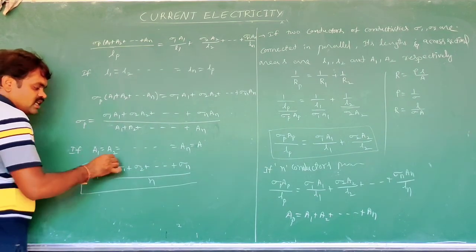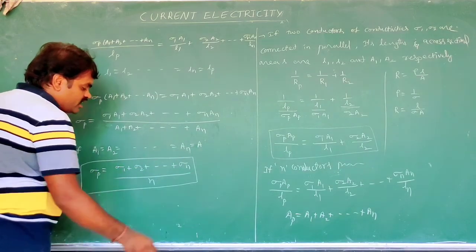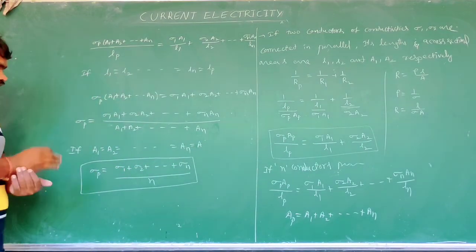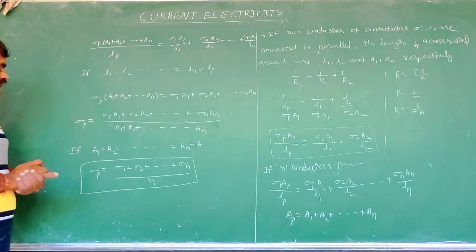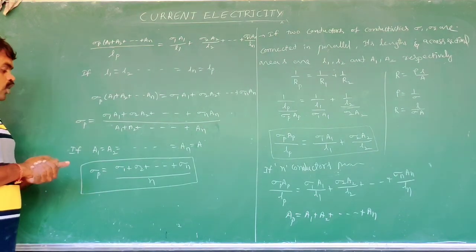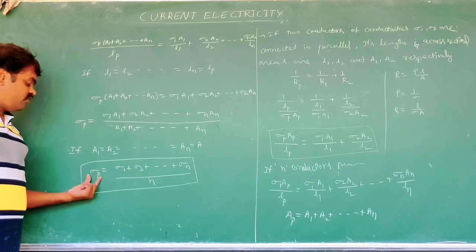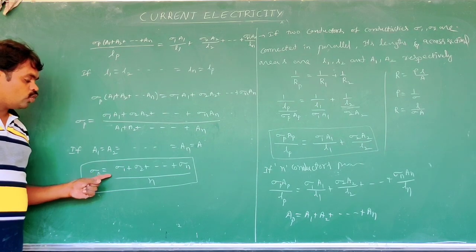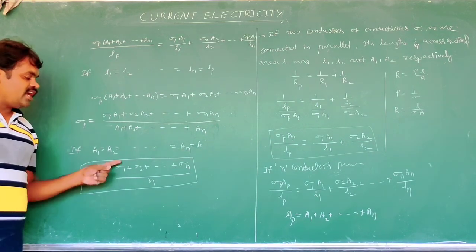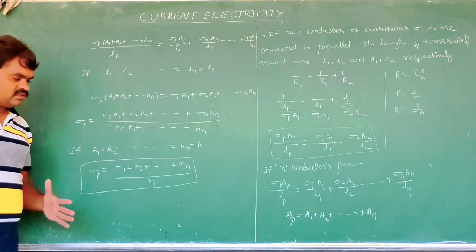That means if conductors are connected in parallel with equal lengths and equal cross-sectional areas, then the effective conductivity in the parallel combination is equal to the average conductivity of all the conductors.